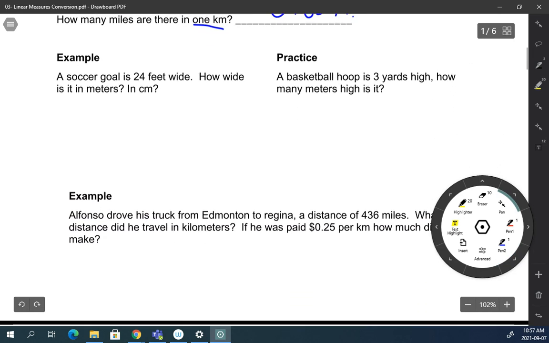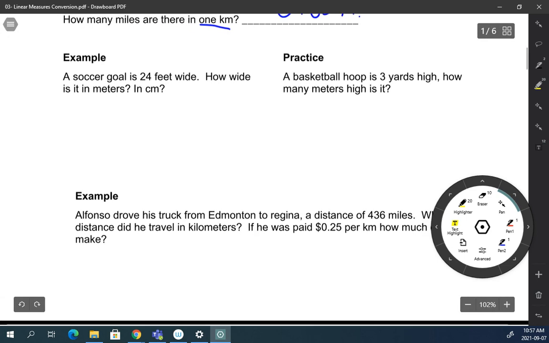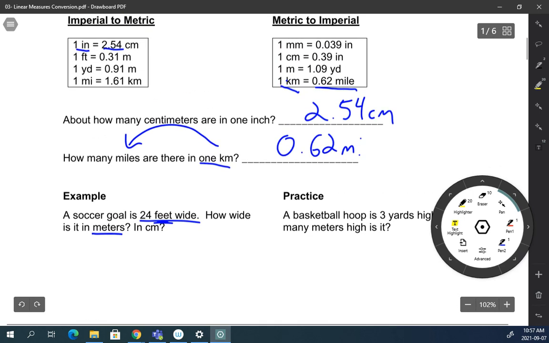Here's an example question that has some words to it. A soccer goal is 24 feet wide. How wide is it in meters? First it asks us to go to meters, and after that to centimeters. So we start in feet and go to meters. We look at our formula sheet, which has the same thing as this page.